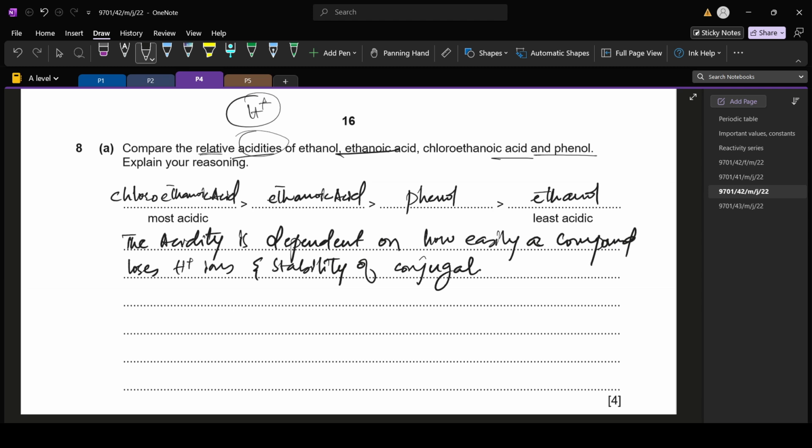These are the factors, and you have also been told that this carries marks. Now you have to explain why chloroethanoic acid is the most acidic.